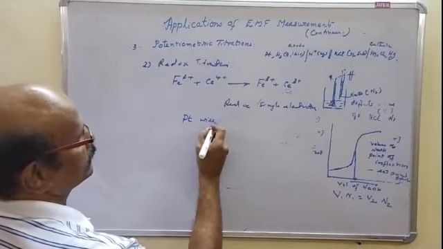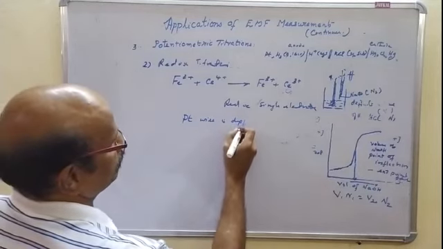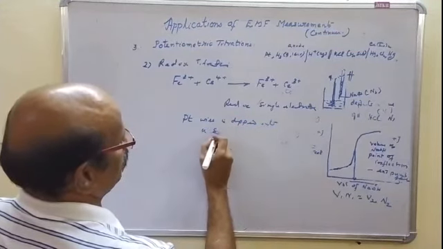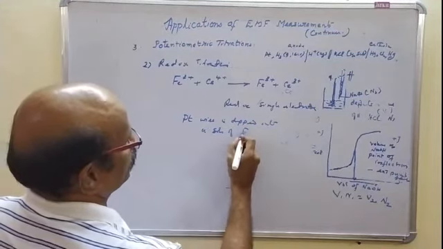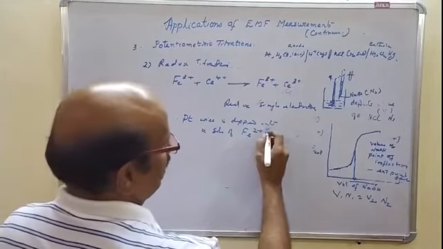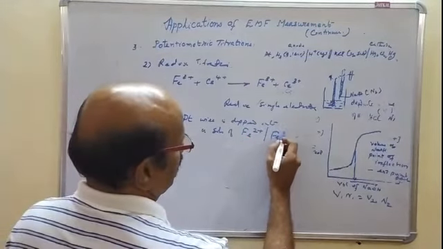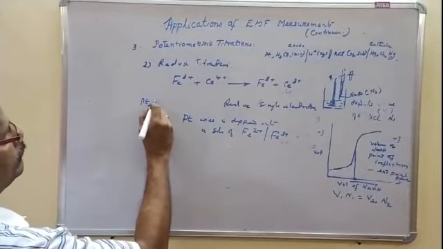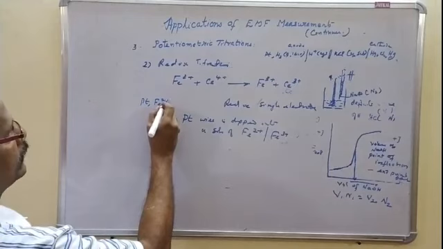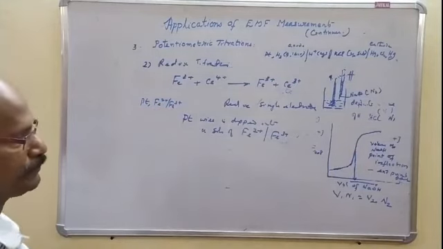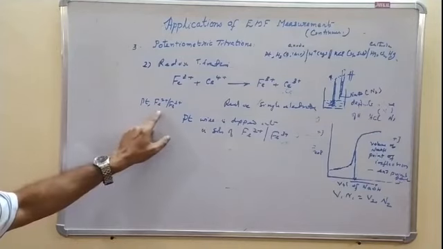That is a platinum wire dipped into a solution of Fe2+, ferrous ammonium sulfate containing a little ferric. So this is the situation: platinum, Fe2+, Fe3+.